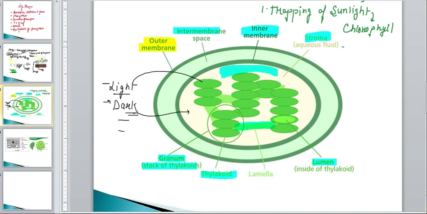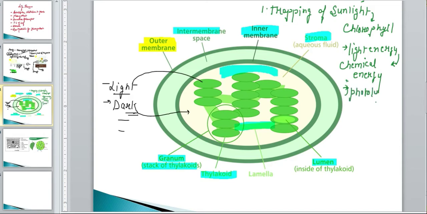Second is the light energy gets converted into chemical energy, and the photolysis of water occurs.